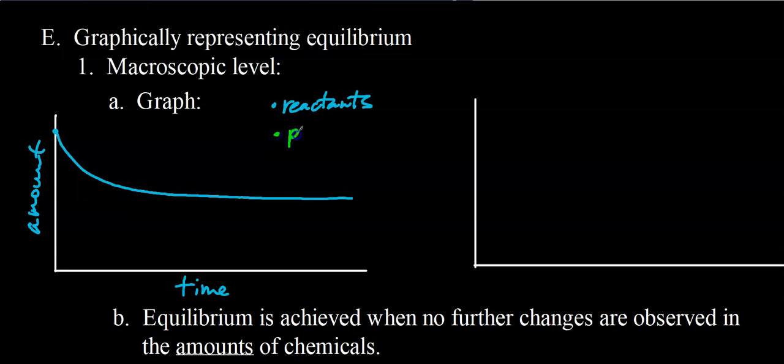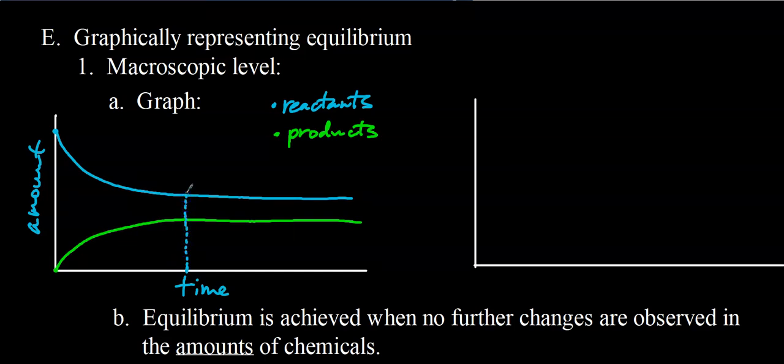Let's show in green what happens to the amount of the products during the chemical reaction. At the very beginning, there are no products. And as the reaction proceeds, the concentrations of the products, as we see here, increase. So how about right about this time here?